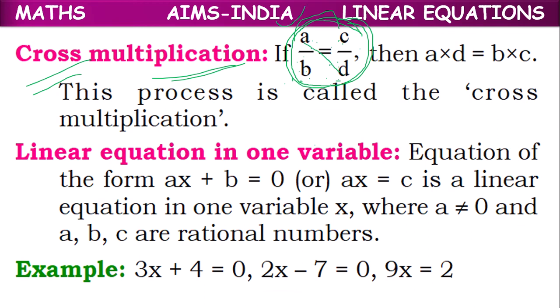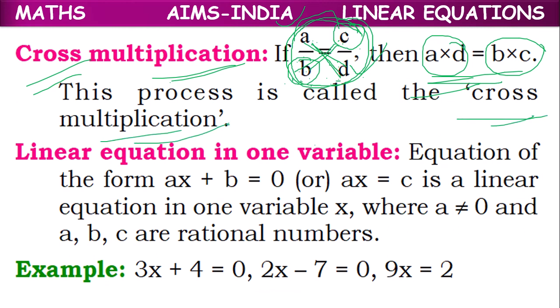The first numerator into the second denominator, a into d, will come on the left hand side. The second numerator into the first denominator, b into c, will come on the right hand side. So ad equal to bc. This process is called cross multiplication, and we can follow it while simplifying equations.